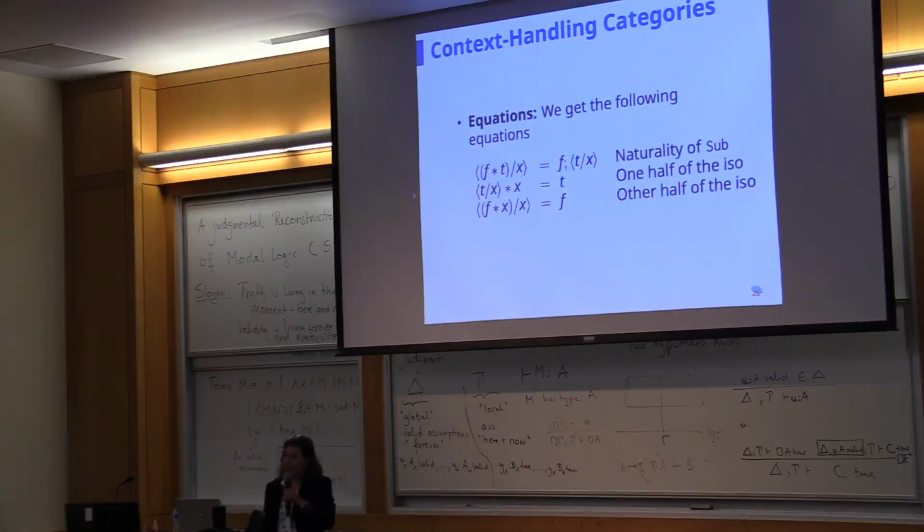Then you have natural equations. So, applying substitutions F to the term T is the same thing as introducing an extra term for X, composing with the other substitutions that you had.